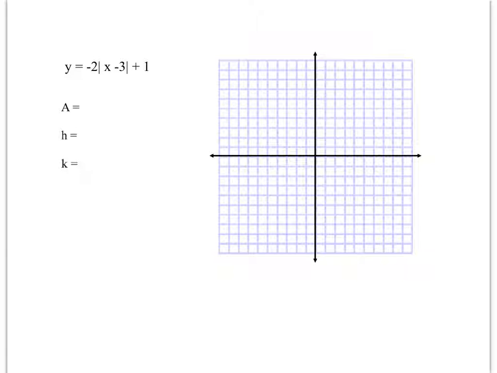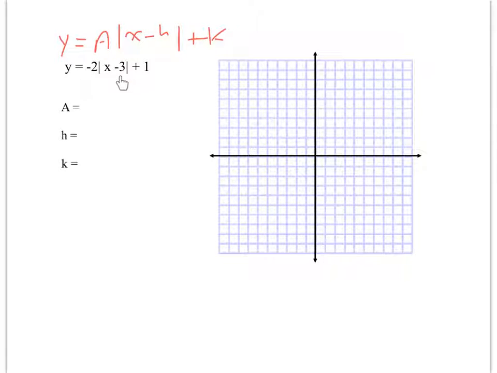This one right here, we have y equals -2 times the absolute value of x minus 3, plus 1. So in AHK form, this is y equals A times the absolute value of x minus h plus k. As we look here, my A is going to be -2.